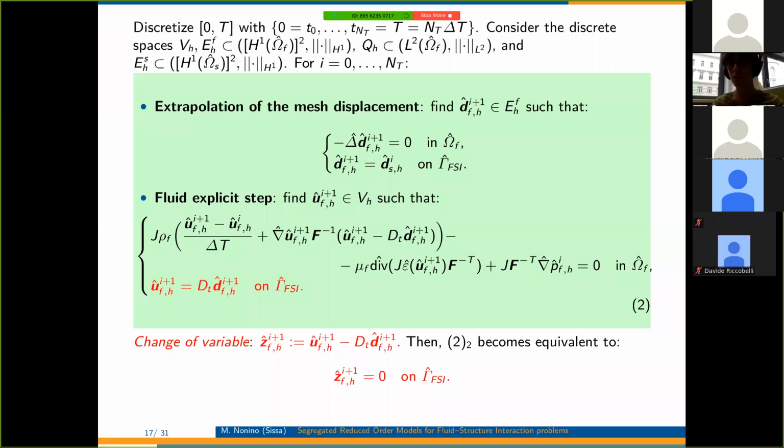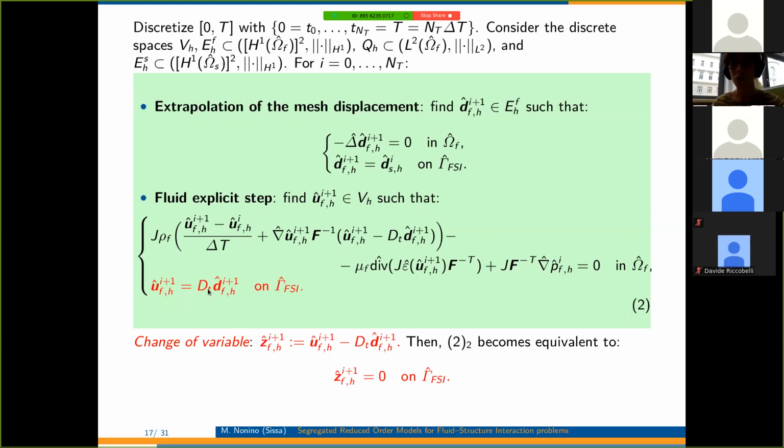So we solve the fluid displacement harmonic extension on the fluid reference configuration. Then we have the first step of the algorithm, which is the first problem of the Chorin-Temam projection scheme, namely the viscous step.